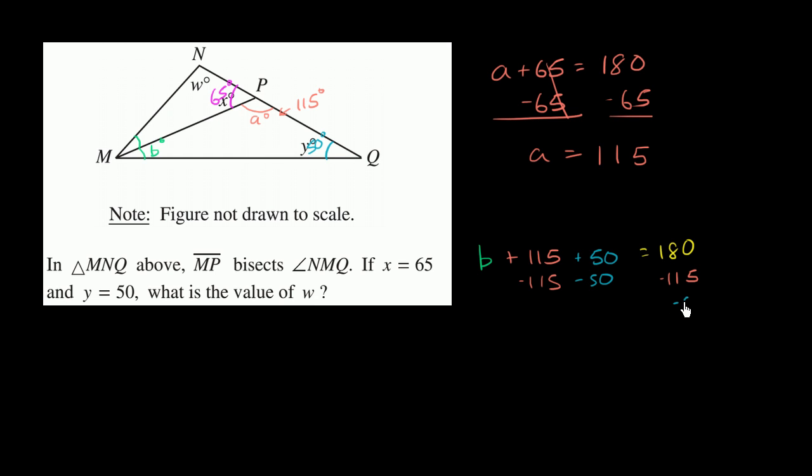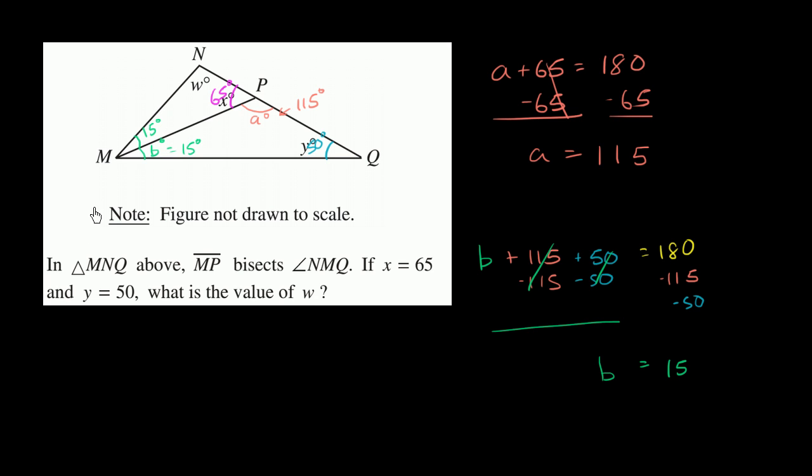That cancels, that cancels. On the left-hand side we're just going to have a B, and on the right-hand side, this is the same thing as subtracting 165. Yep, that's the same. So we're left with B is equal to 15. So this is a 15-degree angle. If that's 15 degrees, then this is 15 degrees as well.